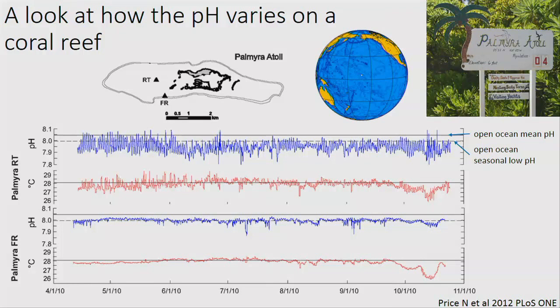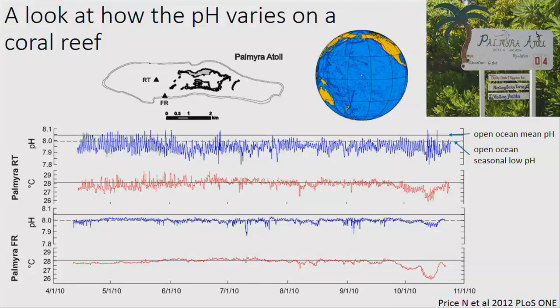So if we just focus on the pH, which are the blue ones here, the top one is the one in the middle, and the bottom one is the one at the edge. The other thing to point out are these horizontal black lines. The horizontal black lines are the average conditions in the ocean outside of the atoll, so the open ocean conditions. And they don't change very much.